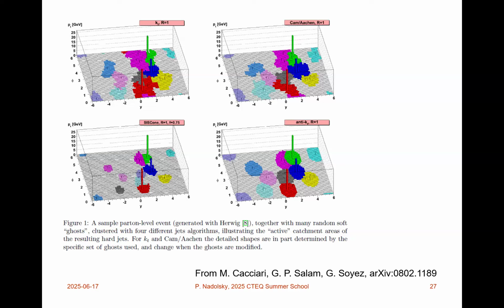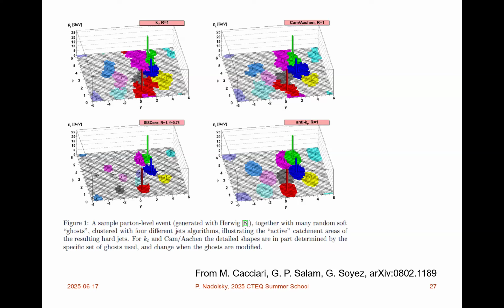You have the rapidity on one axis and the azimuthal angle on the other axis, and on the vertical axis you have the pT of each particle. So each particle creates a little bar in this plot. This is the so-called Lego plot. Each particle deposits a little Lego bar onto this plot, but then you need to combine these Legos into what you call a jet.